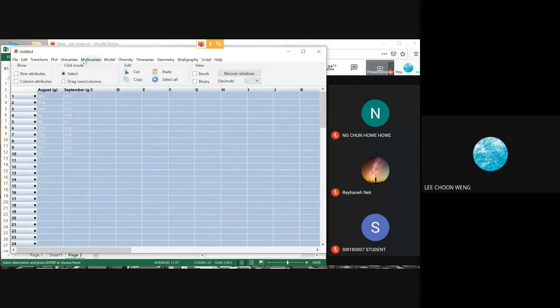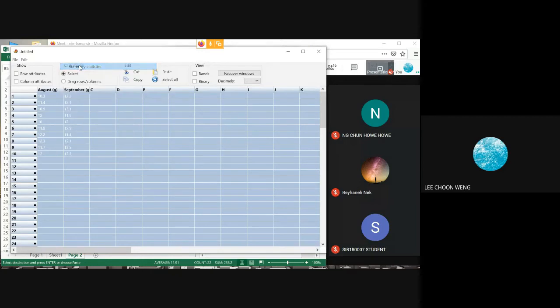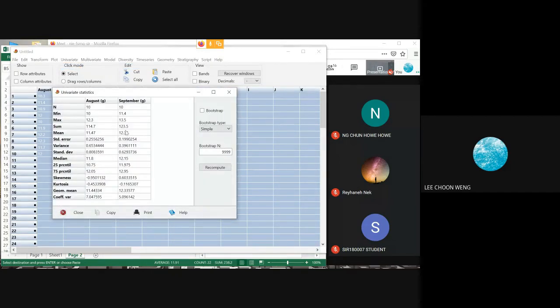and then do these univariate statistics that are available. Okay, you can also do summary statistics. So when you do summary statistics, it will also give you the same data that you get, in fact, with Excel.